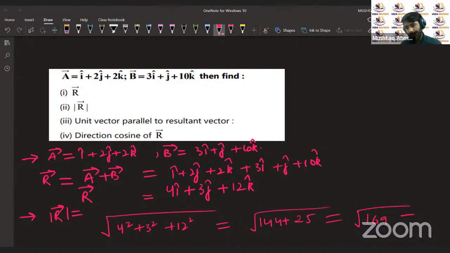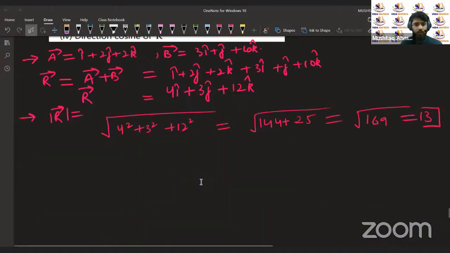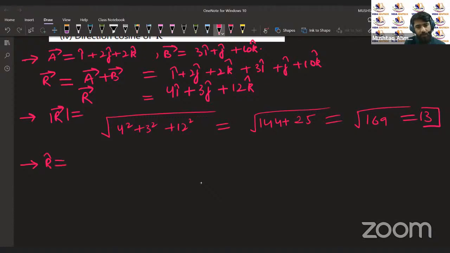That's equal to 13. So 13 is the magnitude of this vector, and we have to also try to find the unit vector parallel to the resultant vector. The unit vector along the resultant of these two vectors, let's suppose that's r cap, will be given as r vector upon the mod of r vector.